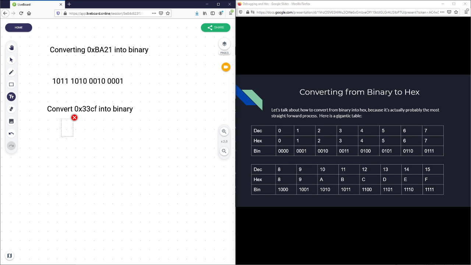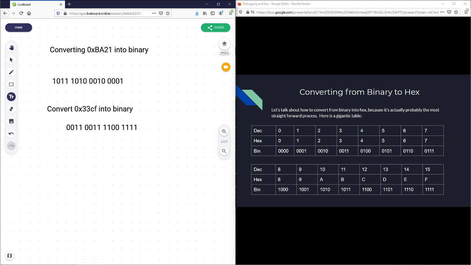So we can start from the top. 3 is equal to 0011. And then we have another 3, so we copy 0011 again. And then we have a C, 1100. And then we have an F.